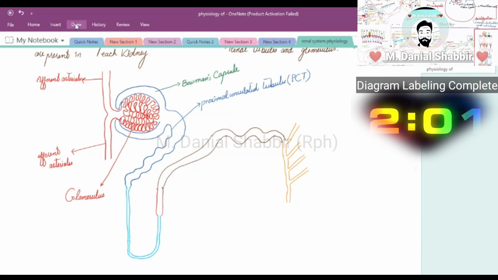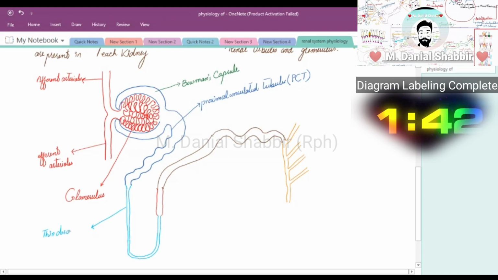The next portion is the loop of Henle, and the loop of Henle is again divided into different segments. The first portion, right after the proximal convoluted tubule, is the thin descending loop of Henle.